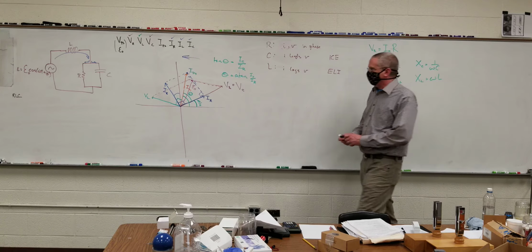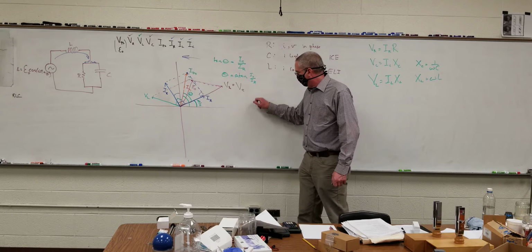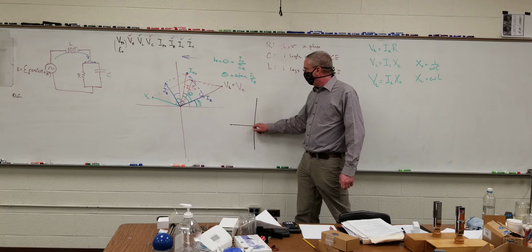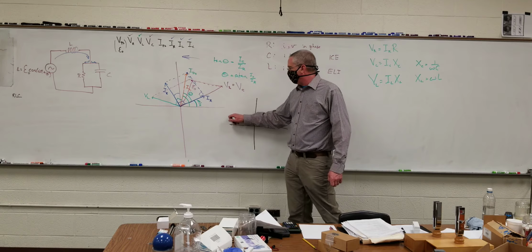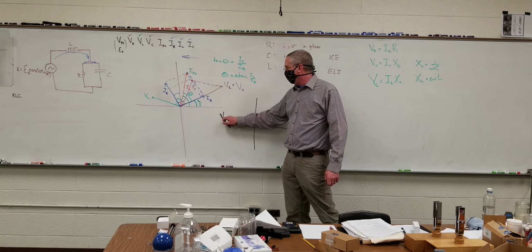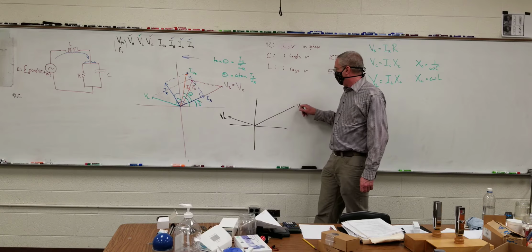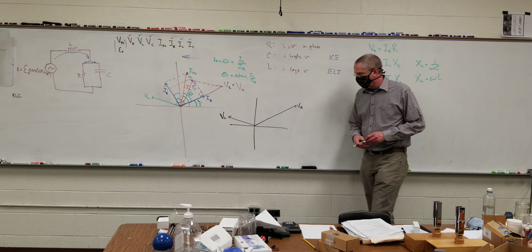So let's sort of isolate what we have there. I know V sub L is shooting off that way in some direction. And VR is going in that direction somewhere.